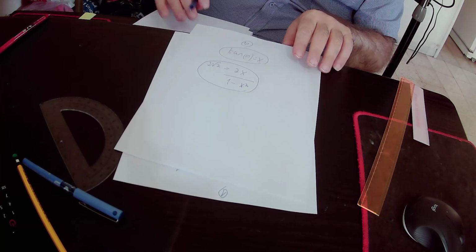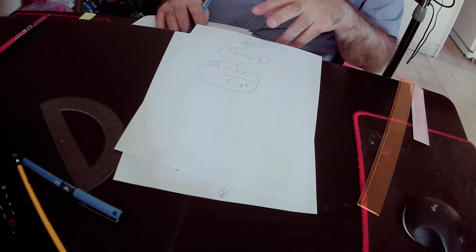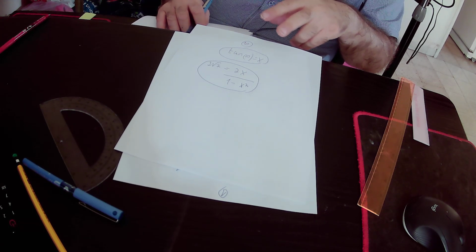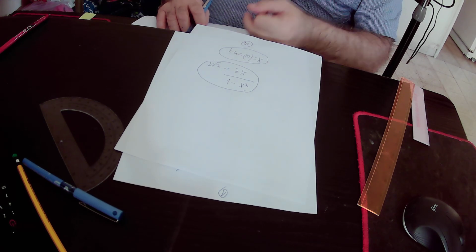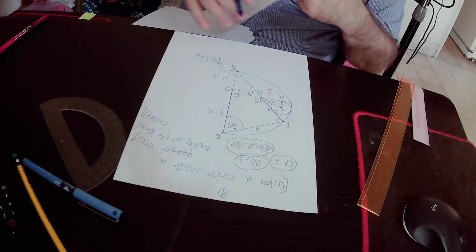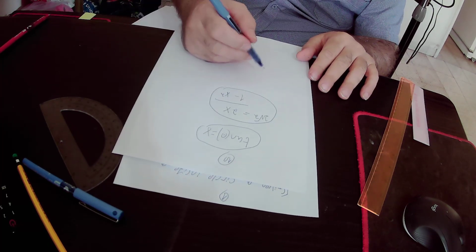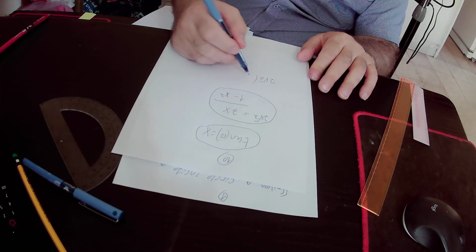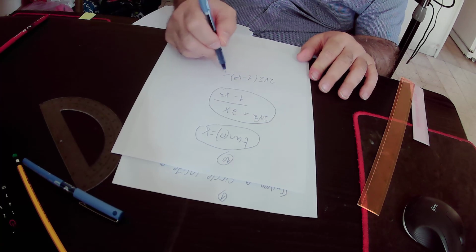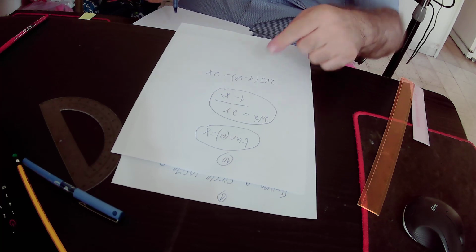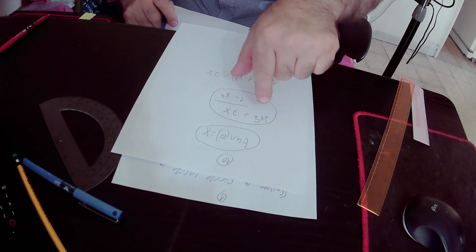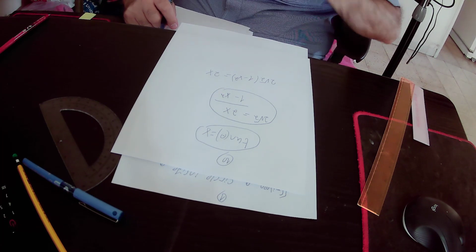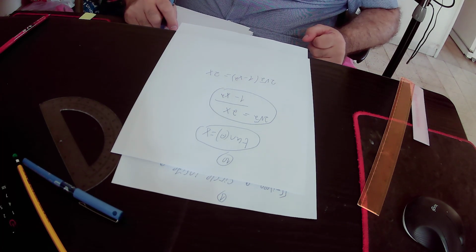So here we will cross multiply by 1 minus x squared, and we get that 2 times root 2 times 1 minus x squared equals 2x.